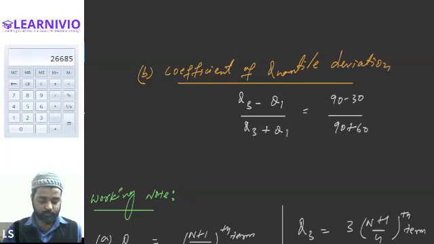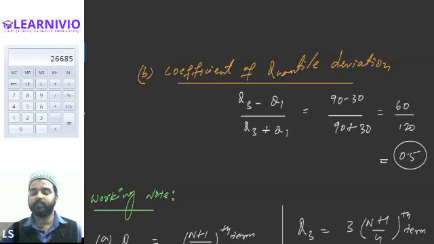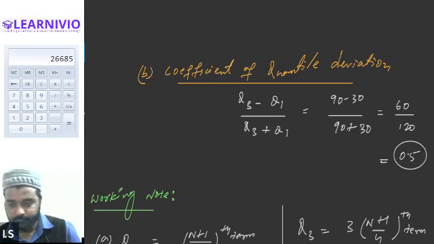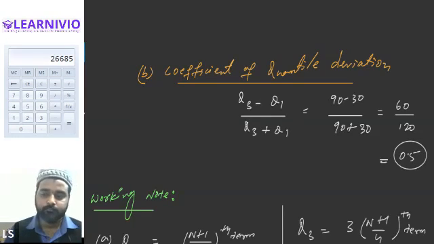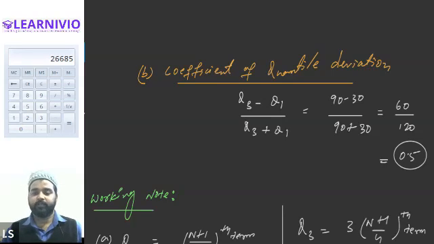So we will get 60 upon 120 equals 0.5. This is our answer. Tell me, Alexander, any doubt? No, sir. No doubts.